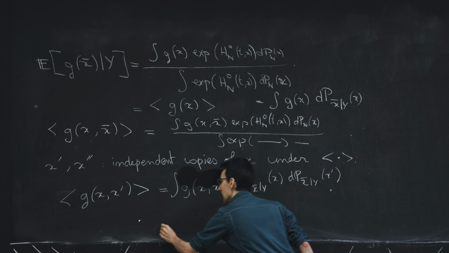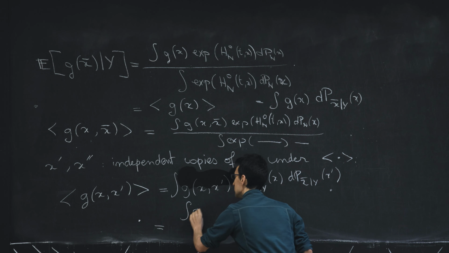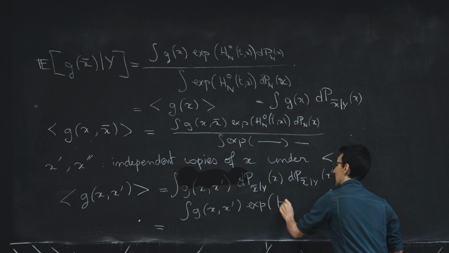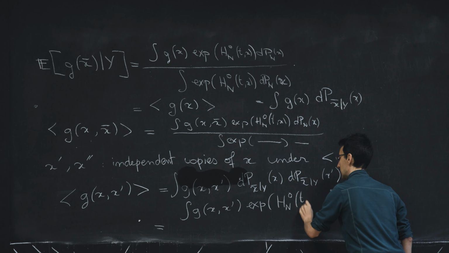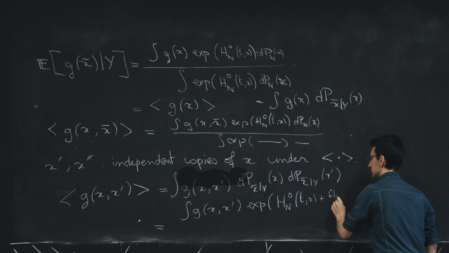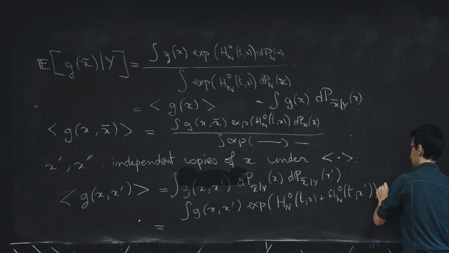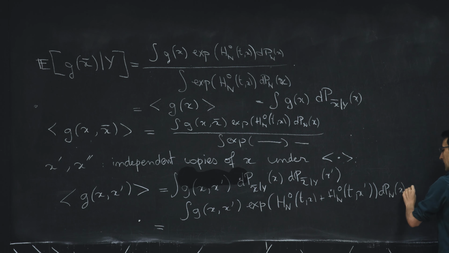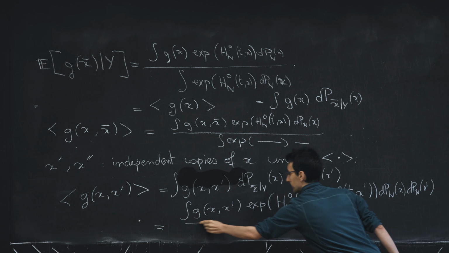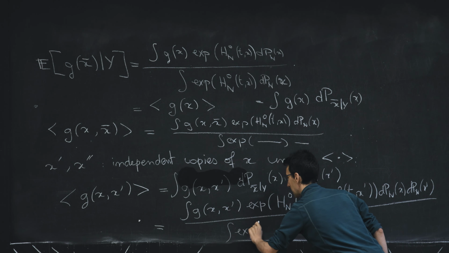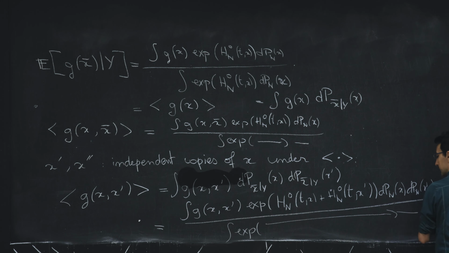If I write it explicitly, I mean the integral of g of x, x prime, times exponential of H_N(0, t, x) plus H_N(0, t, x prime), dP_N of x dP_N of x prime, divided by the integral of the exponential of that whole thing.